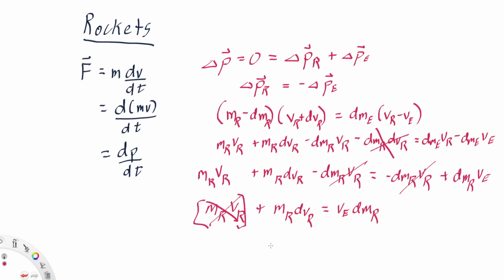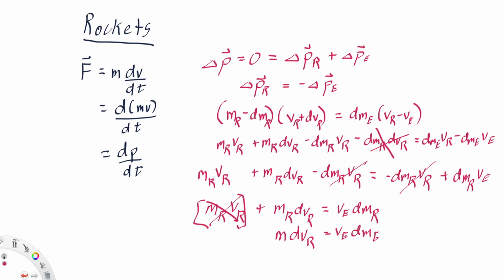Oh, that's right. I'm going to drop the subscripts on the mass, because they're the same. So we have m dv_r equals exhaust velocity times dm_e.